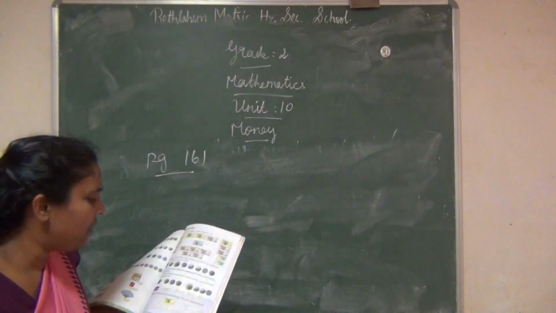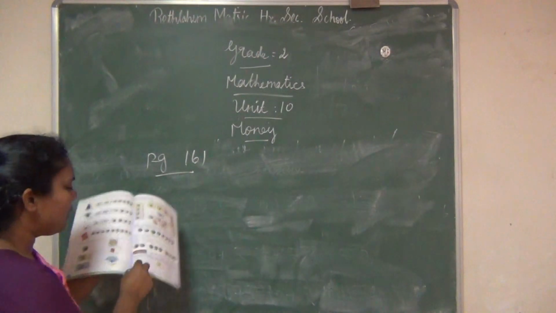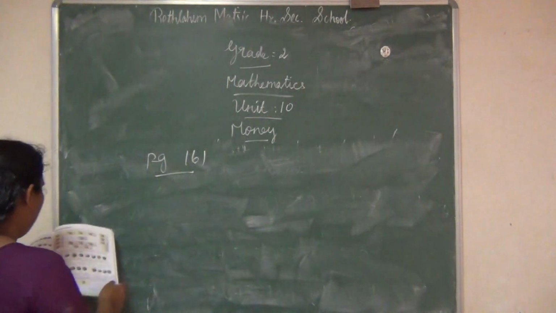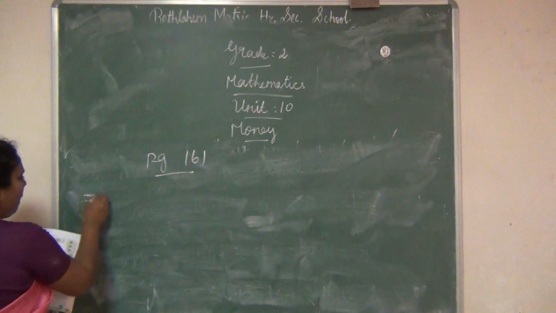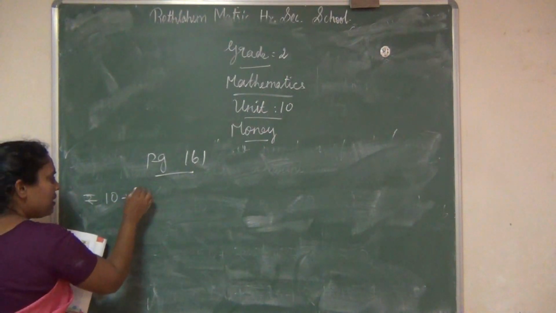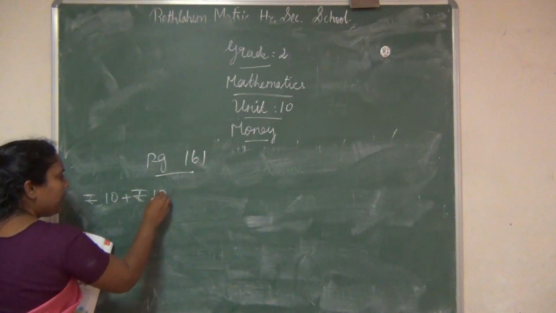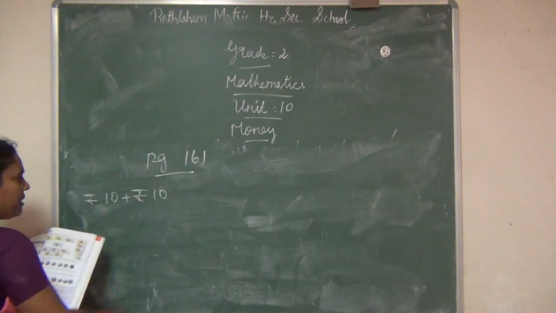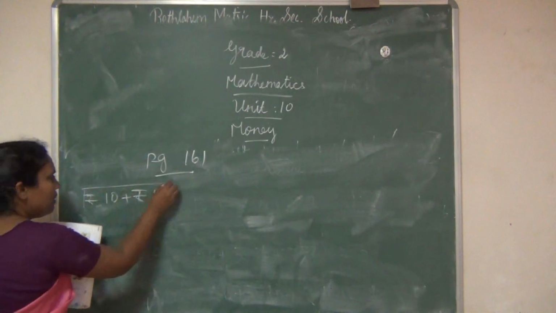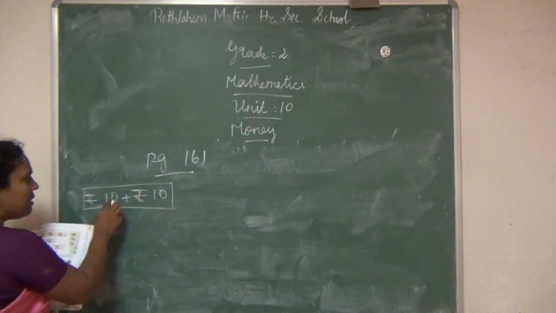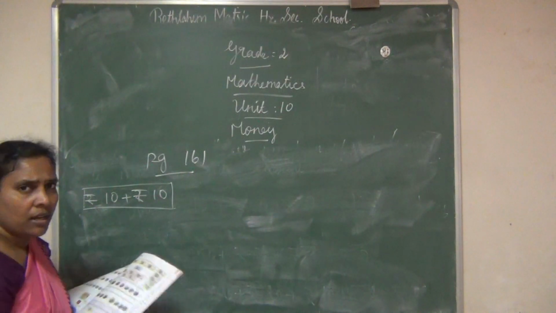Okay, shall we write the answer now? Listen to the first, this one. You should write the answer as rupees 10 plus rupees 10. If you add rupee 10 plus rupees 10, we will get the answer 20. Okay. So one box you write as the answer rupees 10 plus rupees 10.